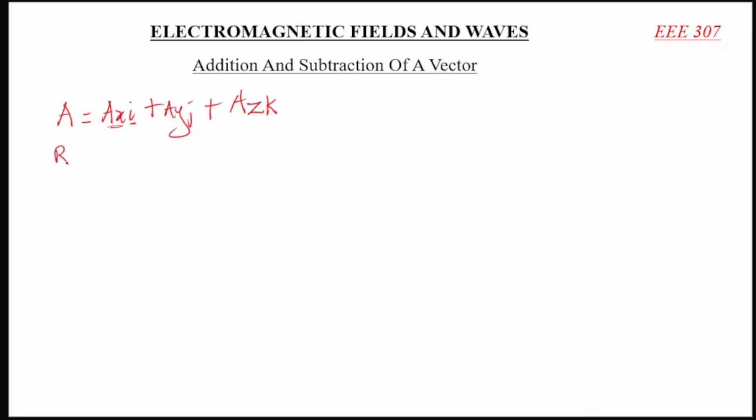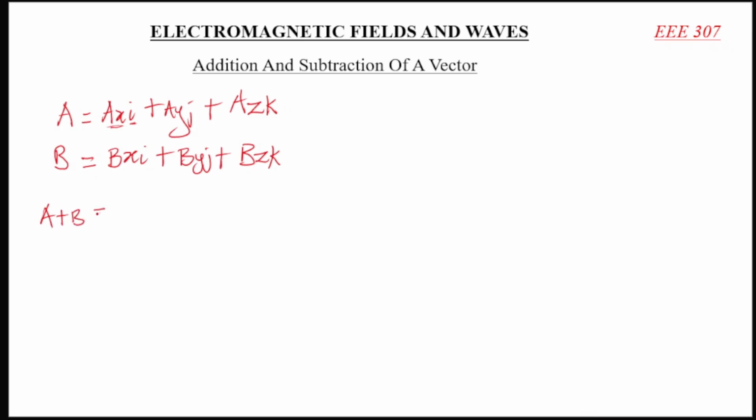Let's say we have another vector B to be BXi plus BYj plus BZk. What will be the addition of these two vectors? Remember, we want to talk about addition of vectors. Now, we want to consider A plus B.